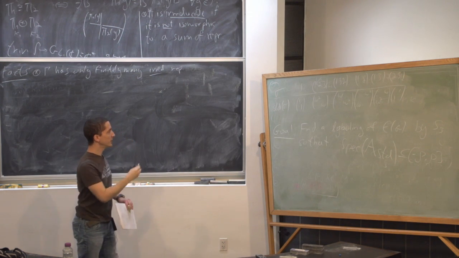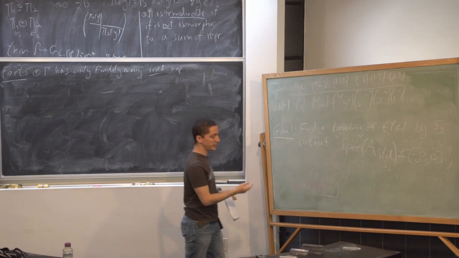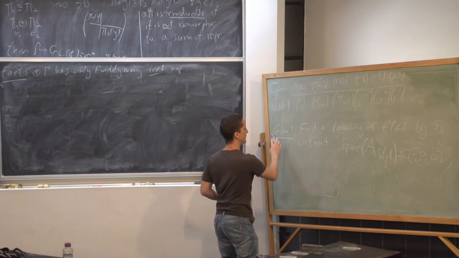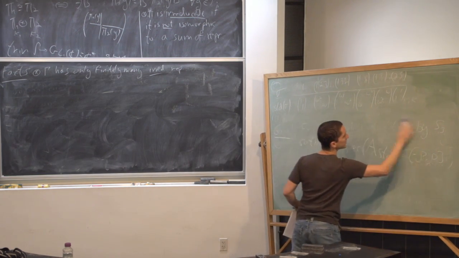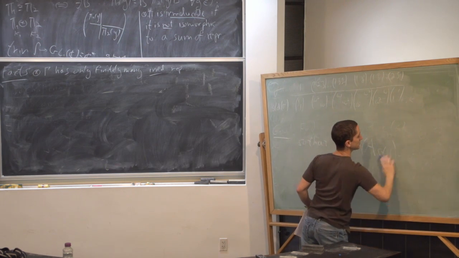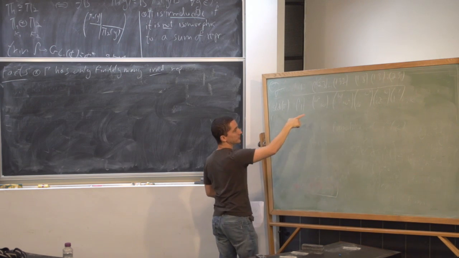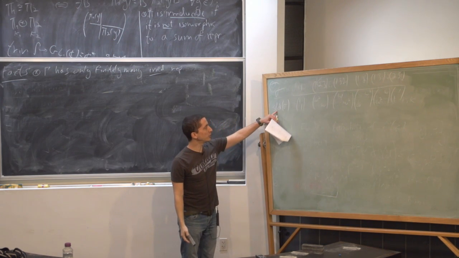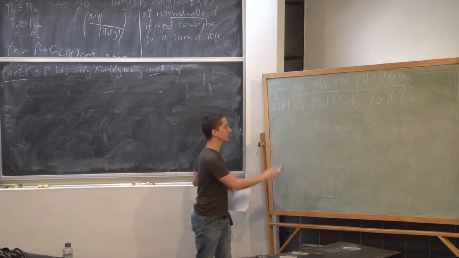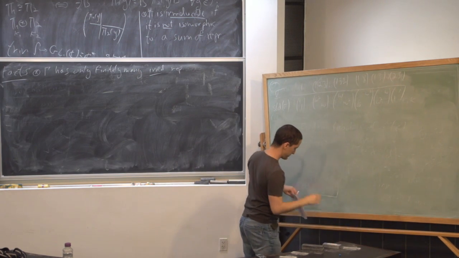So let's look at S3. S3 has only 3 irreducible representations. This is one of them, what I denoted by standard. And there are 2 others.